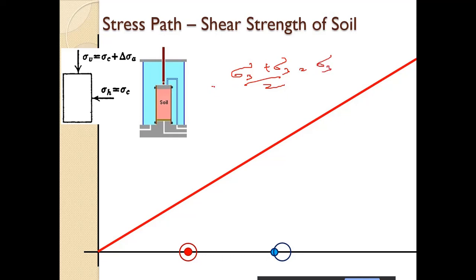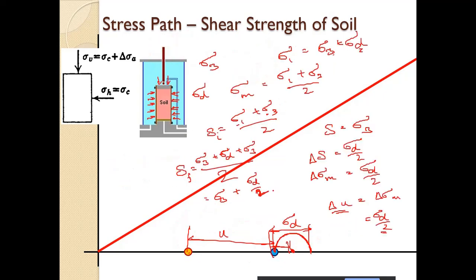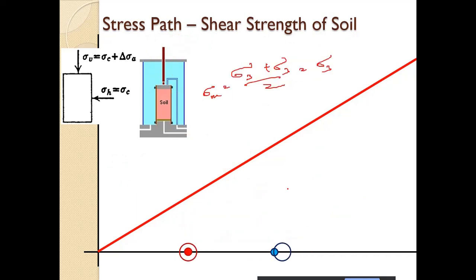So that is sigma mean, the initial condition in this case. Then as we applied the deviatoric load, the mean got shifted here.